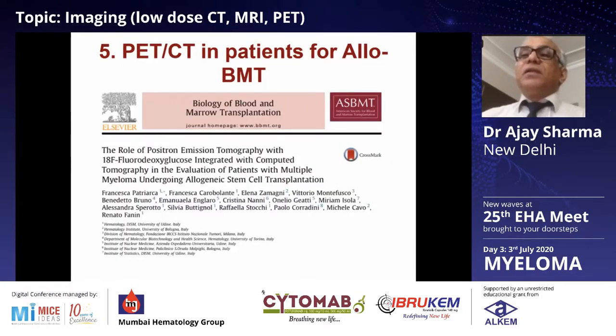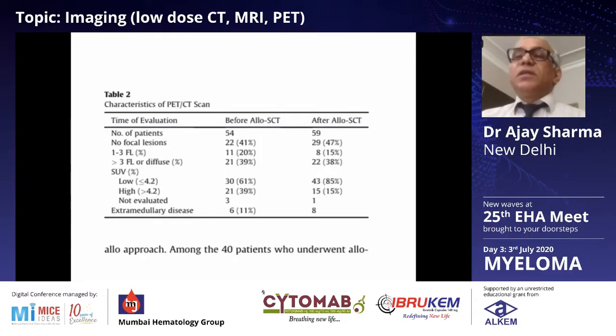Then looking at the patients who undergo the transplant, the PET positivity or PET negativity as measured by the same 3 parameters: focal lesions, SUV more than 4.2 or less than 4.2, and presence or absence of extramedullary disease.